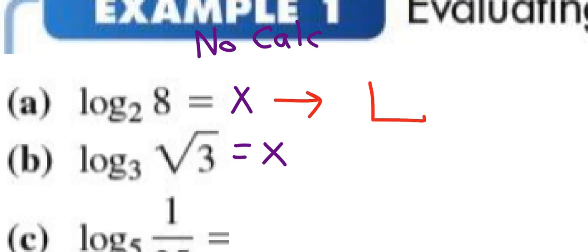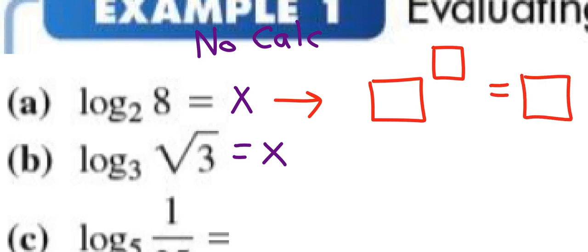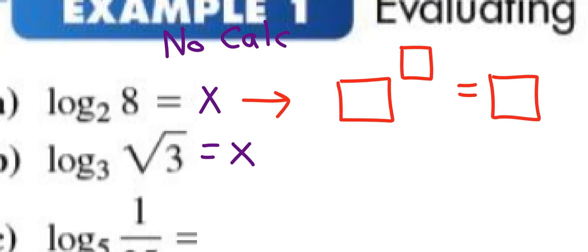So help me do that. Something to the something power equals something else. So, walk me through this. What's the base? 2. What's the exponent? X. What's it equal to? 8. So we filled in the 3 boxes with the 3 things that we saw in the log form.